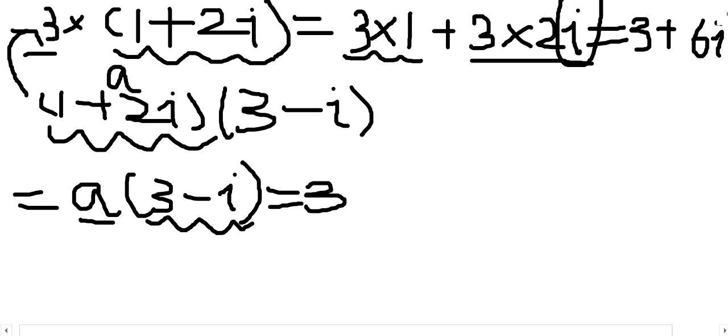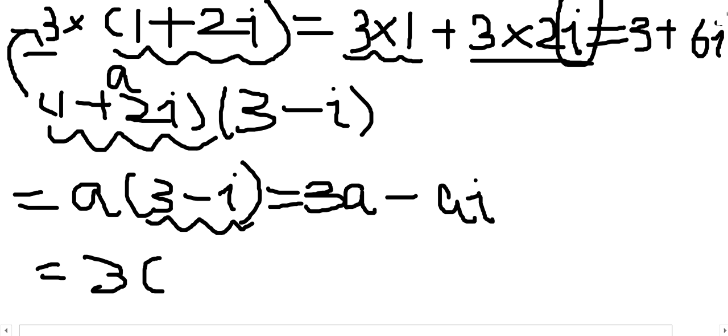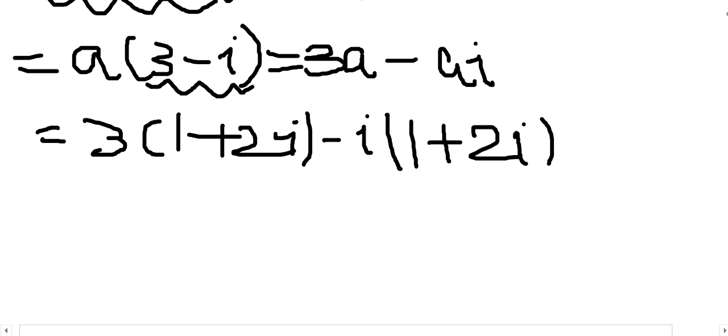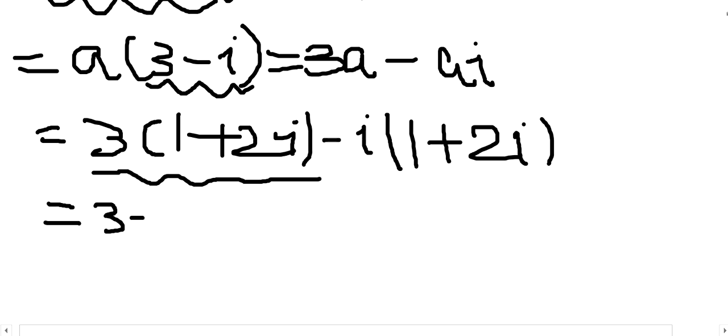So the total price is the sum of the individual prices: 3a minus ai. What we know about a, now we can expand, is a equals 1 plus 2i. We just plug the value of a into our calculation and expand this. We can already do the multiplication of a real number times a complex number: 3 plus 6i.